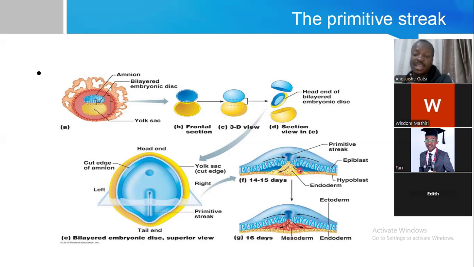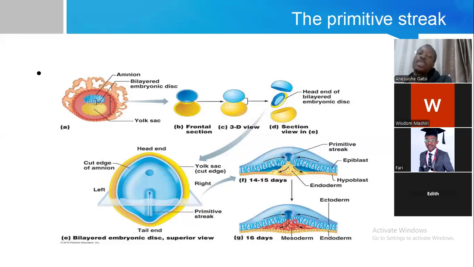Then the cells that come to lie in between the endoderm and those that remain on the cell surface, which in this picture appear red, that's going to be mesoderm. Remember, mesos, amongst or in between 2 things. Then cells of the epiblast that remain on the cell surface are the ones that are going to become ectoderm.